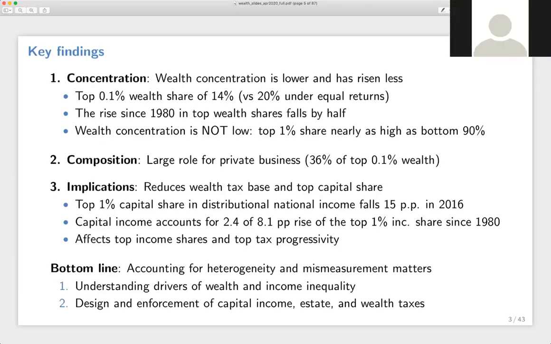There's this feeling that there could be a lot of hidden wealth. Any way you try to address that? The only way we're trying to address that right now, so this would be specifically offshore wealth, is by using Zucman's estimates to get a sense of how big that could be. It's maybe a few percent of national wealth, so it's not going to change our main findings, even if we included it and took those estimates off the shelf.